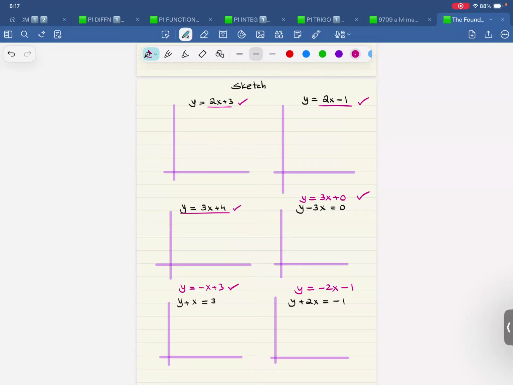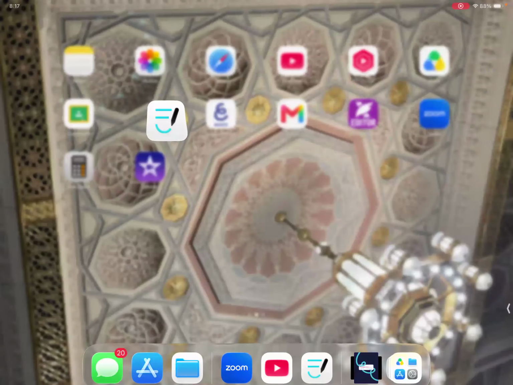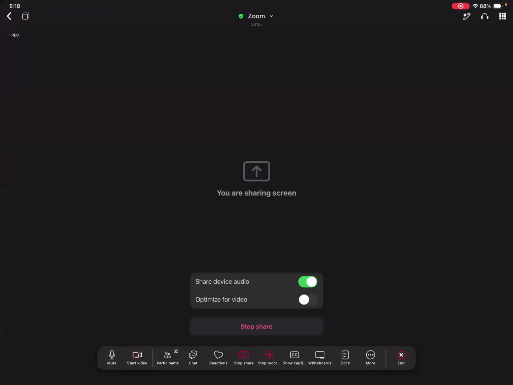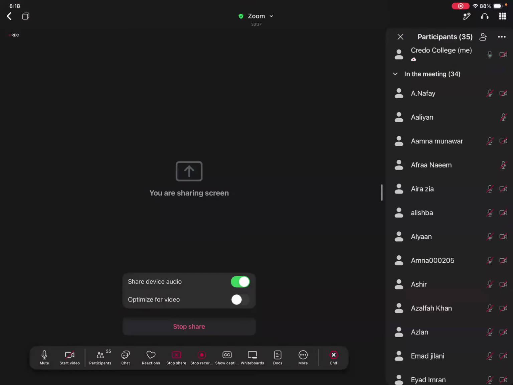So now people are asking about the foundation course. 3 people for graph paper and table of values, 9 people for some concept. And let me have a look. How many people are there in this thing? Okay, so let me just double check.